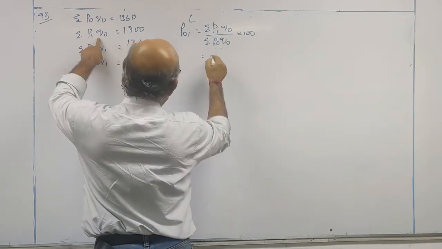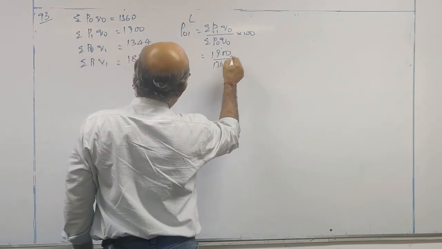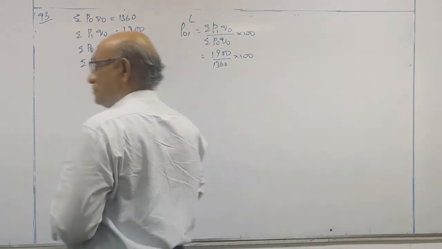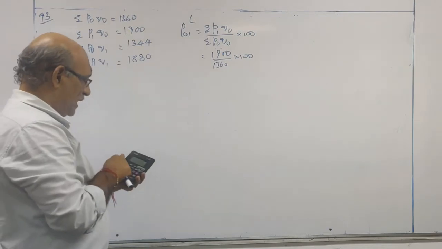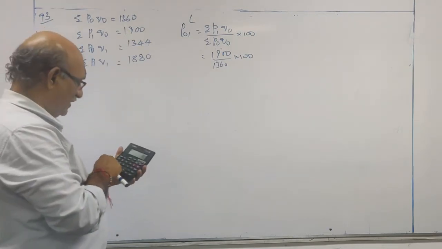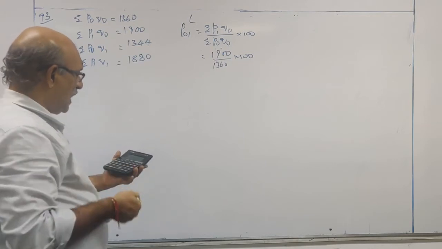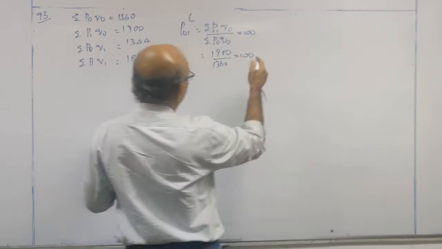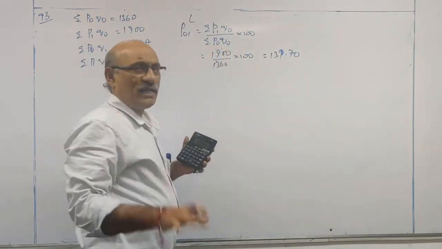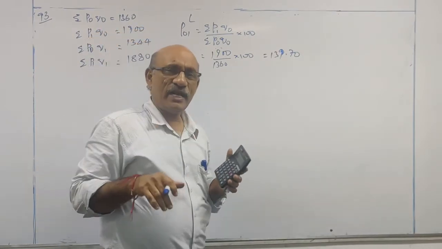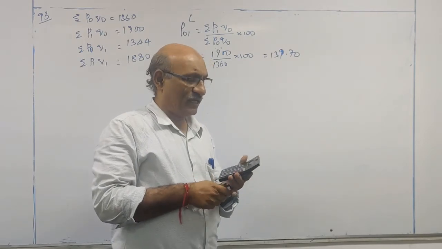P1 Q0 is 1900, P0 Q0 is 1360, into 100. 1900 divided by 1360 into 100 is 139.70. Once again, in the options 1.39 is printed; it is not multiplied with 100. Typing error only. Answer is 139.70.